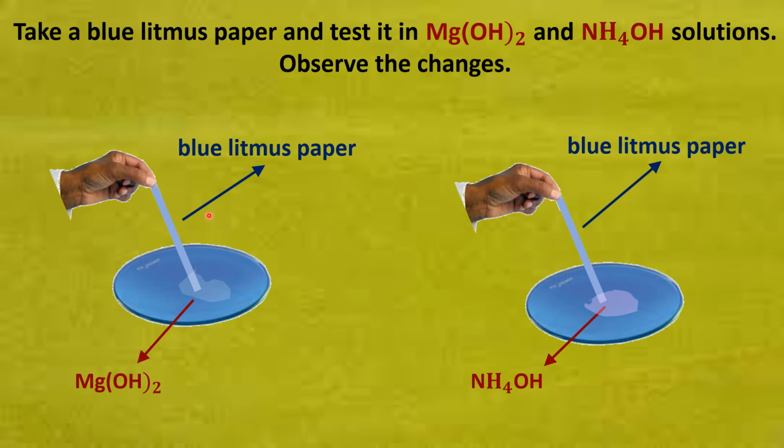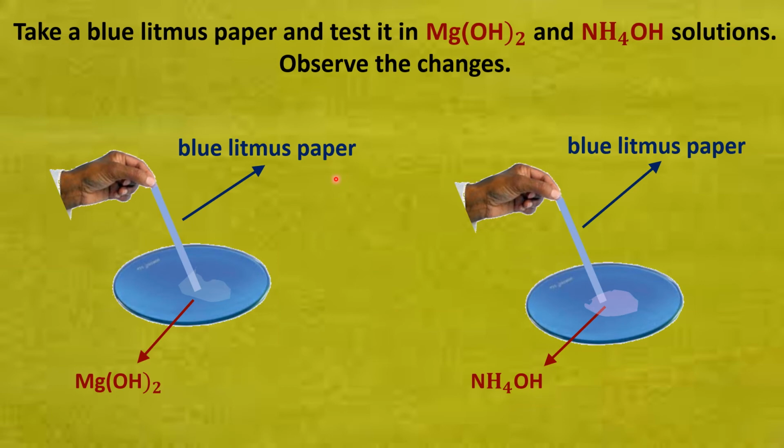So that means magnesium hydroxide and ammonium hydroxide solutions do not respond to blue litmus. That means they are not changing the color of the blue litmus paper. So with all these 8 dilute solutions, we have seen that 4 solutions, that is HCl, H2SO4, HNO3 and acetic acid, responded to blue litmus.